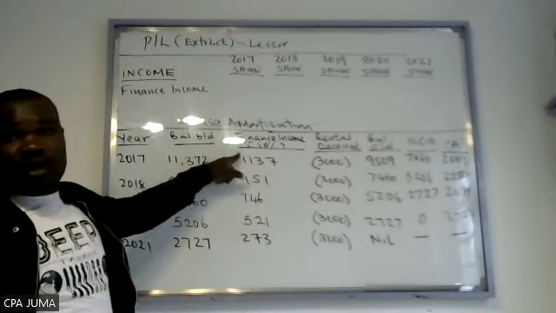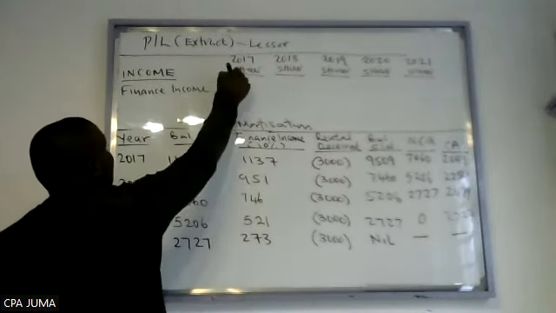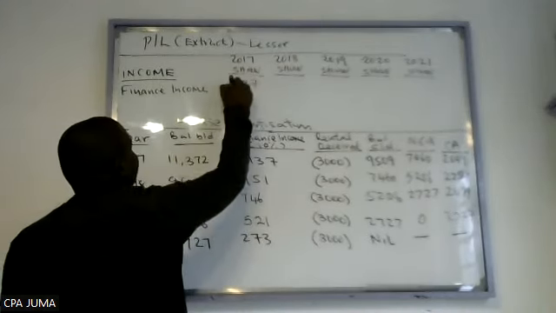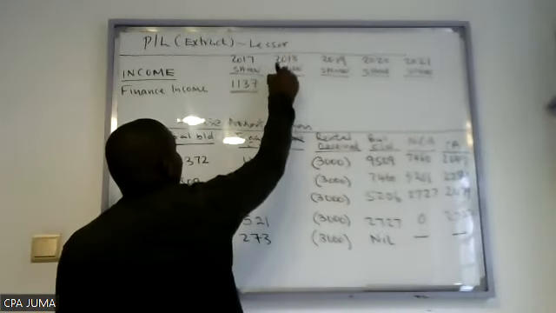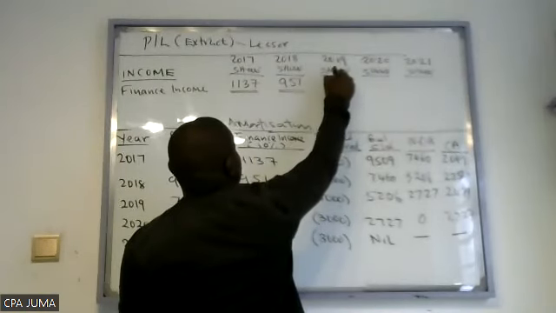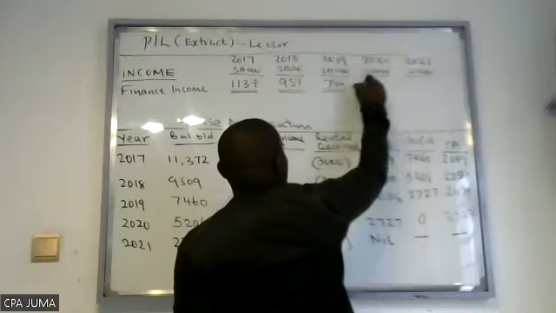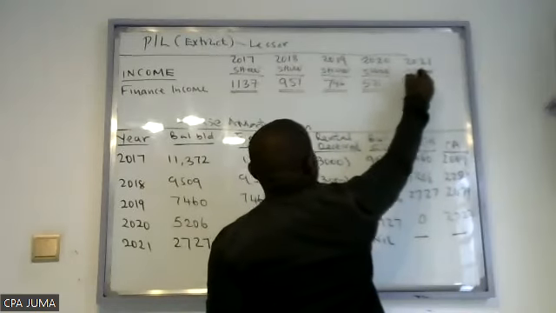So pick this column here, the column of interest: 1137, 951, 746, 521, 273.